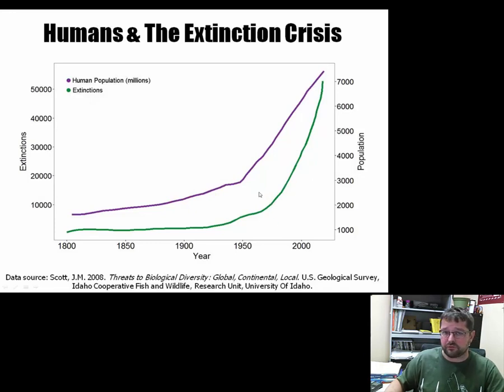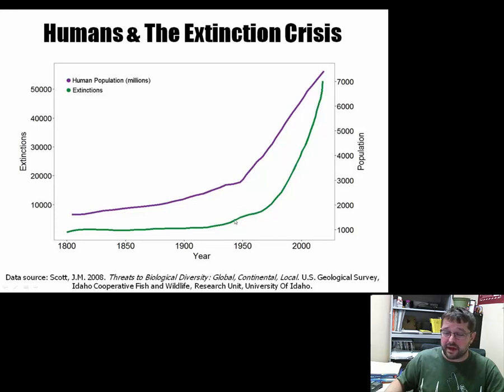That might be absolutely true. But I highly doubt anyone would argue that going from 1950, where we had roughly 2 billion people, to the year 2011 or so, where we have 7 billion people, would cause that much of a drastic increase in extinction rate.